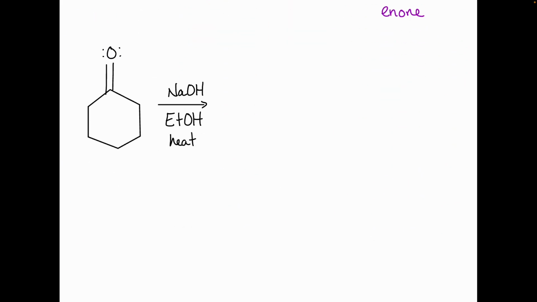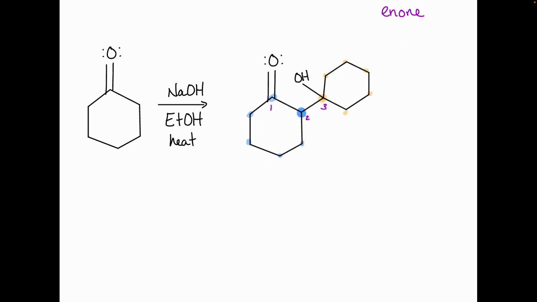Okay, so you want to start with your addition product, right? That's always going to be the first step. But now we have this double bond that's formed that's conjugated to our carbonyl group. Let me just get rid of all these little markings for a second.